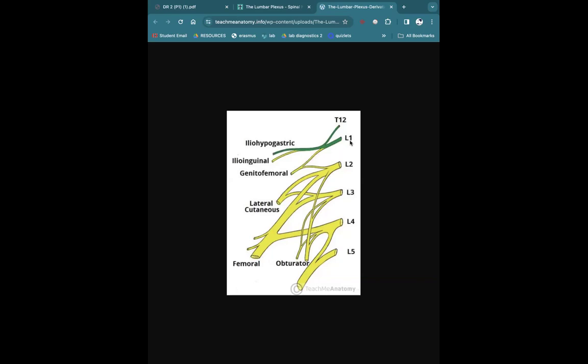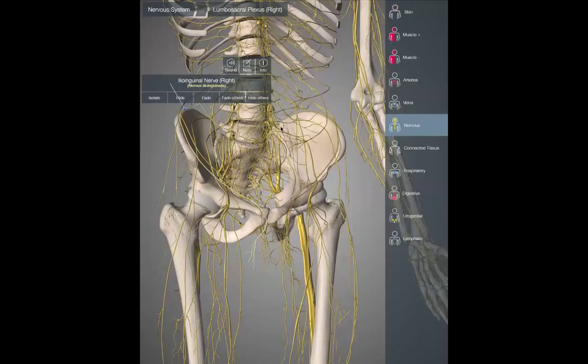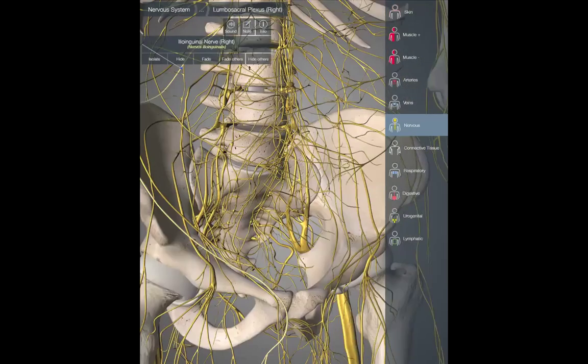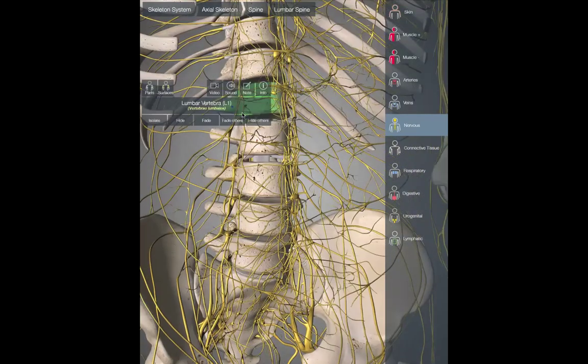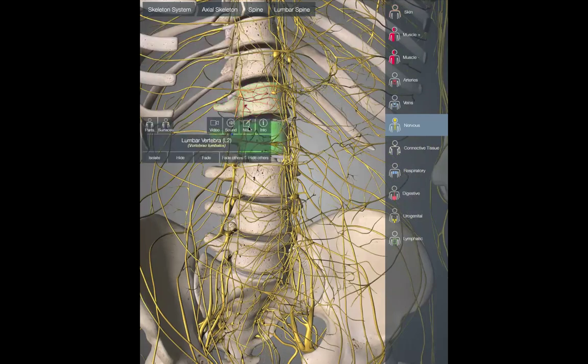Now, next, we're going to go to the genitofemoral, arising from L1 and L2. I will show you here what I mean. The next one is genitofemoral, arising from L1 and L2. This is L1 and this is L2.